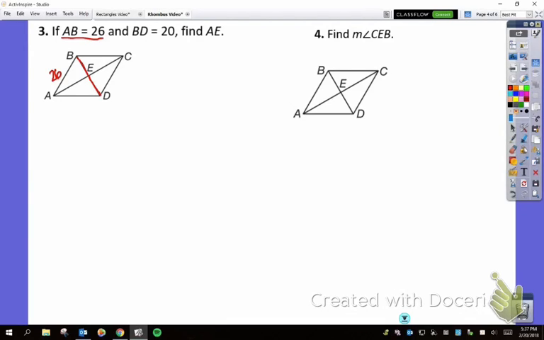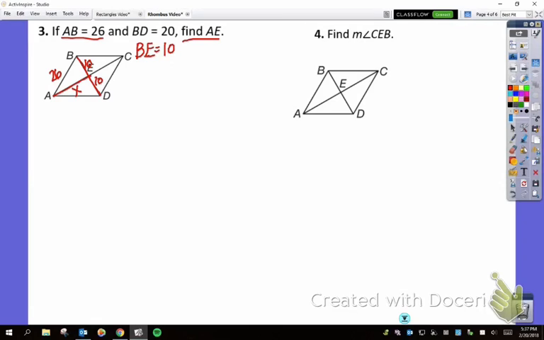What they want us to find is AE, which is this section right here, from here to here. Now, when you look at this, we don't really need that full length of BD, but it would be helpful to know what segment BE equals, and that's going to be 10 because it's half the length of the diagonal. So this piece would be 10, and this piece would be 10.